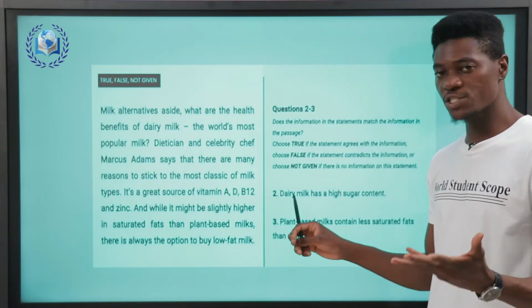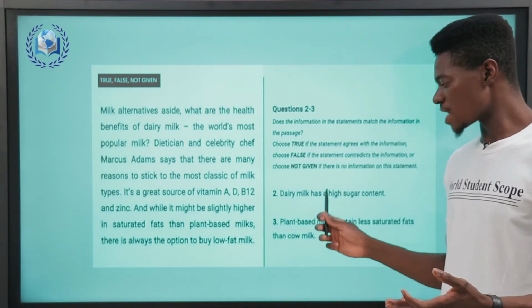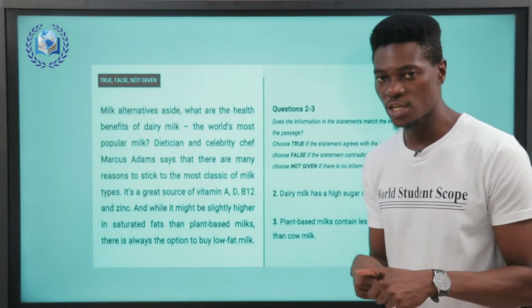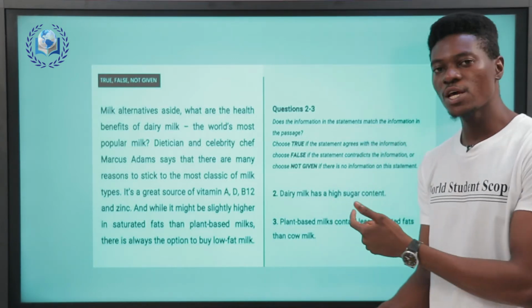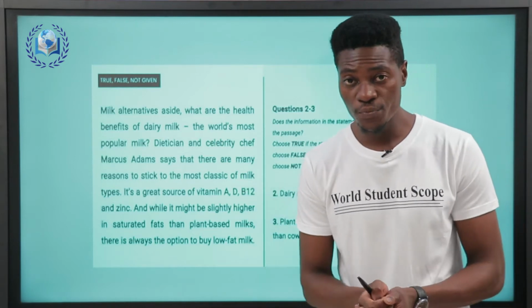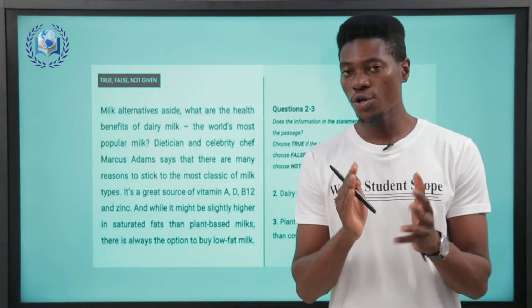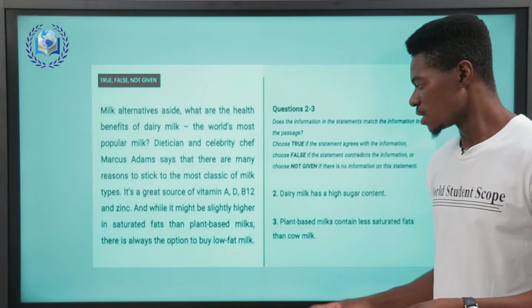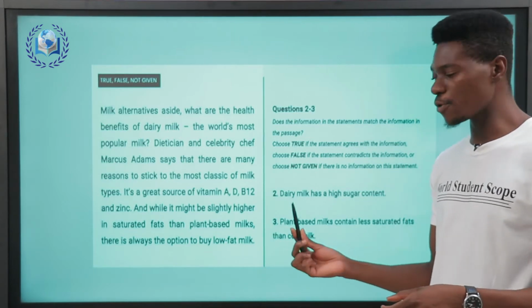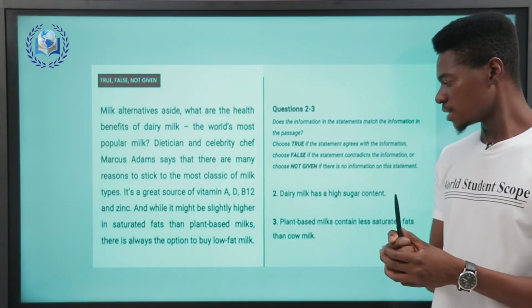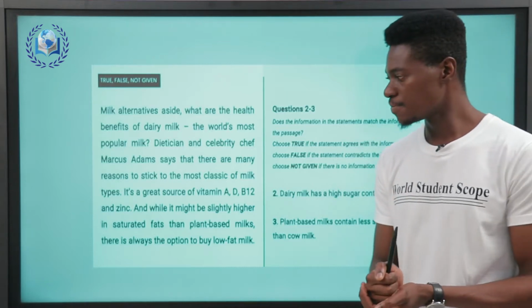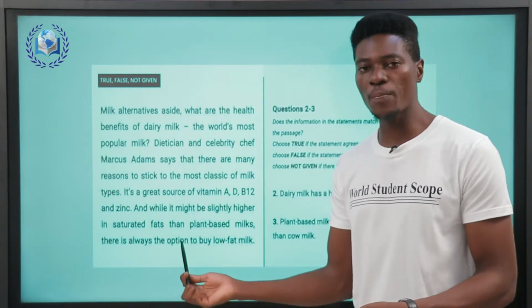Question number 2. Let's take a look. Dairy milk has high sugar content. So for this question, you have to answer whether it's true, false, or not given. We have to find the keywords from here: dairy milk and high sugar content. Then we'll take a look at the passage.